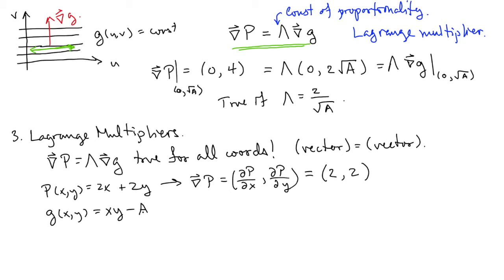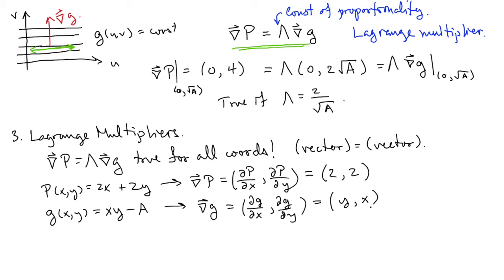That's the thing that we want to be 0. And the gradient of g, (partial g partial x, partial g partial y), is equal to, well, the derivative with respect to x is y, and the derivative with respect to y is x.